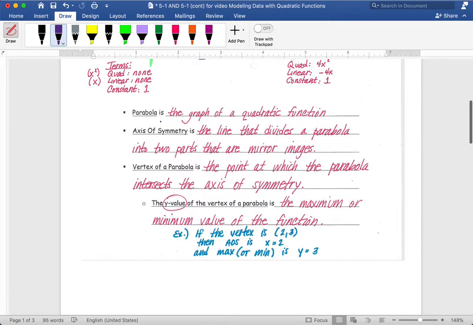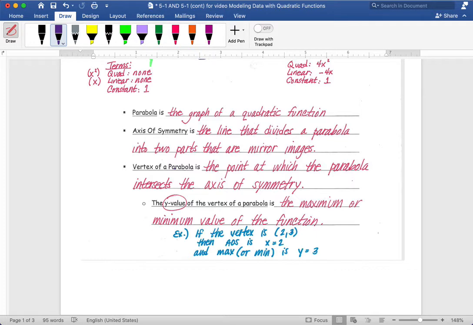Okay. Next thing here was a parabola. What is it? Well, that's what the graph of a quadratic function is called, a parabola. The axis of symmetry. Well, that's the line that divides a parabola into two parts that are mirror images. They will be symmetric on one side and on the other side. Vertex of a parabola. Well, we already know a vertex of an absolute value function.